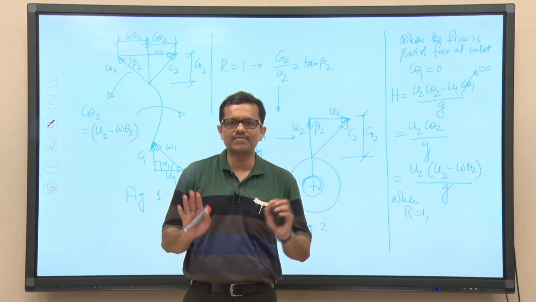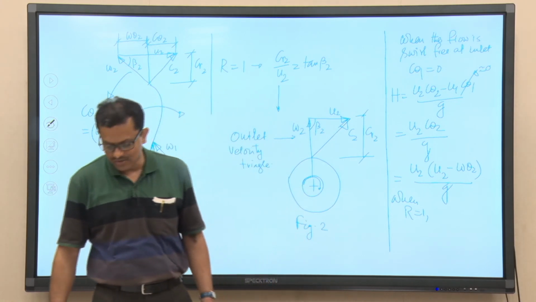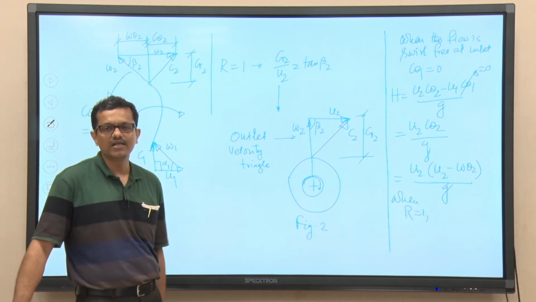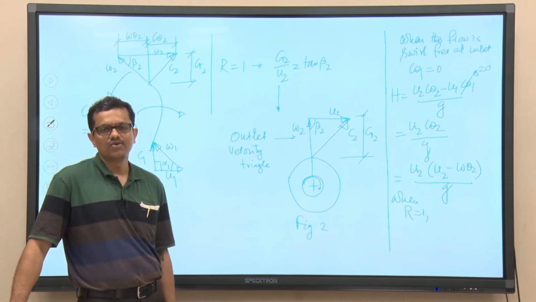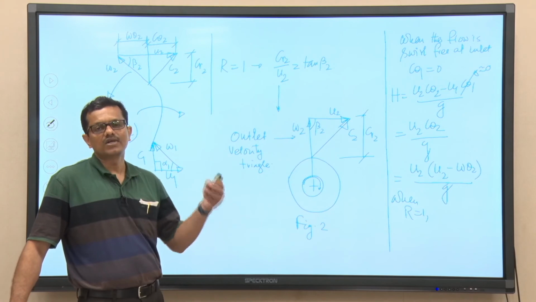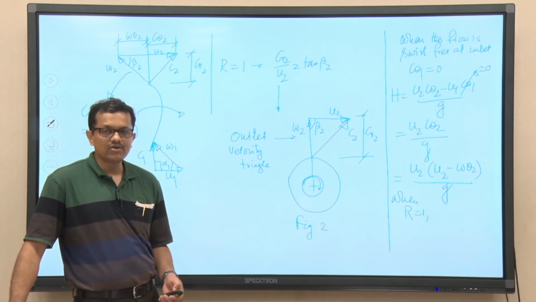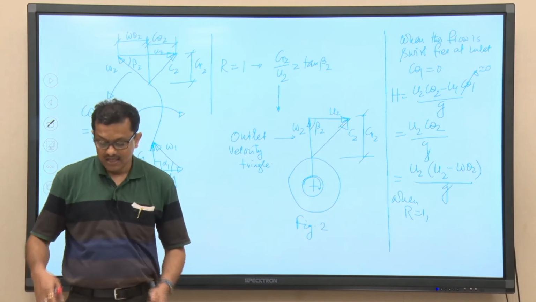So, at least I have taken these 3 different values, that is R equal to 0, R equal to 0.5, R equal to 1, and we have seen subsequently the consequences on the total head that will be developed by the pump. Whenever a designer is designing a pump, he or she can accordingly select the degree of reaction.